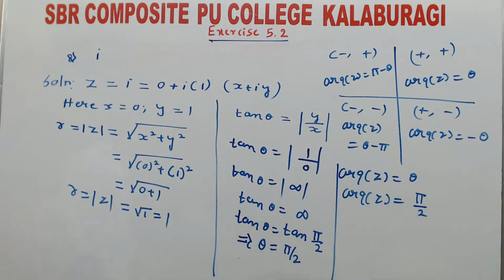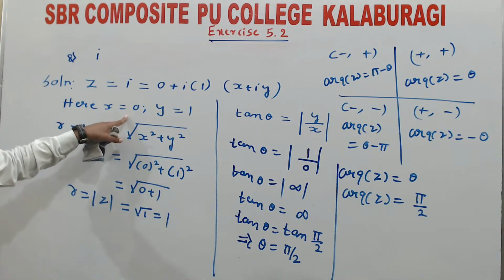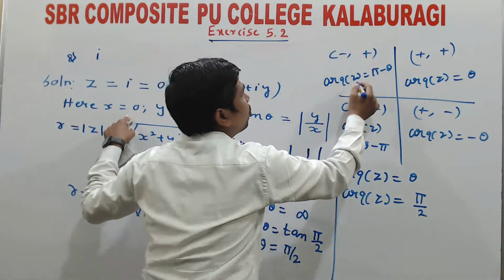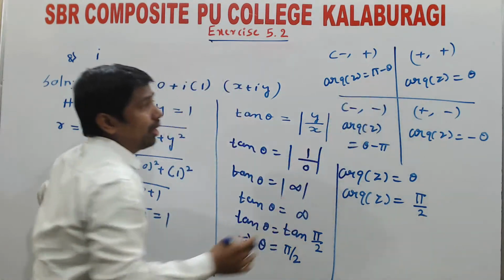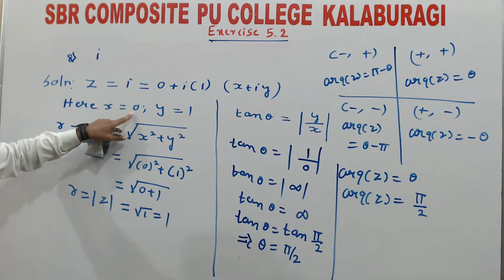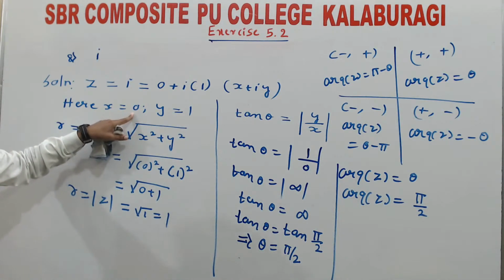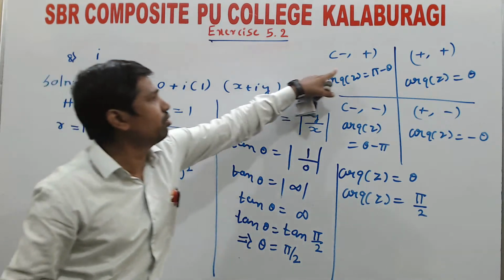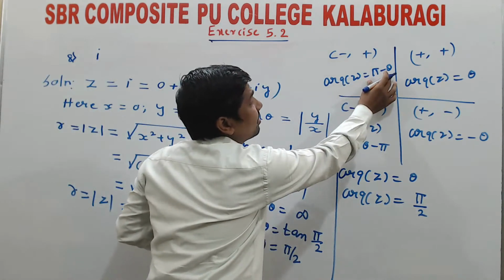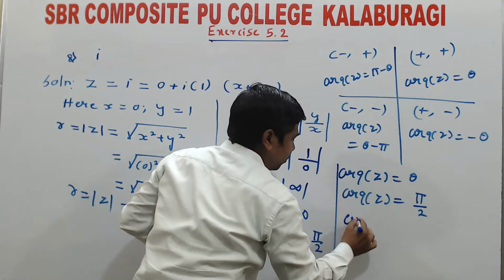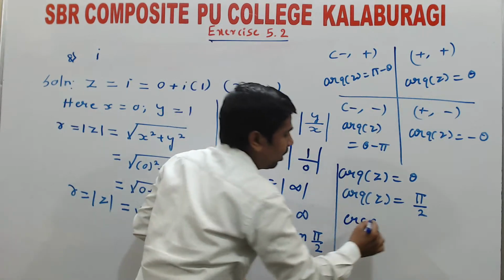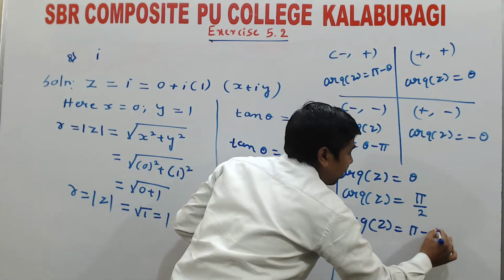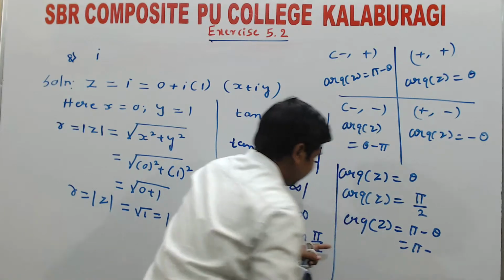Right? Suppose I take x as negative, with y positive. X negative, y positive means the argument is given by pi minus theta, because 0 is neither positive nor negative. What is theta?